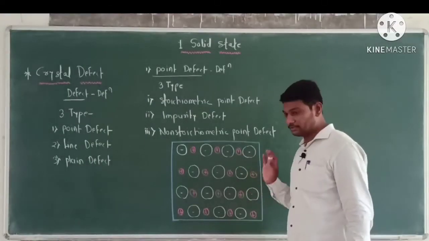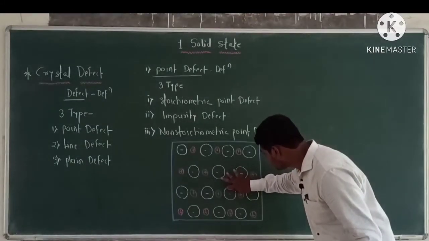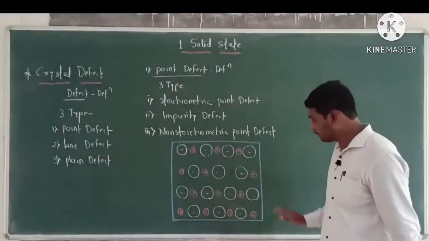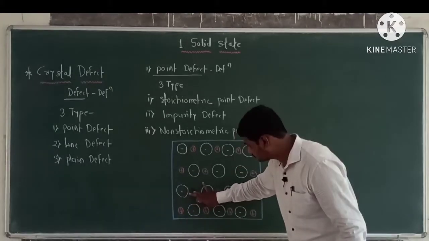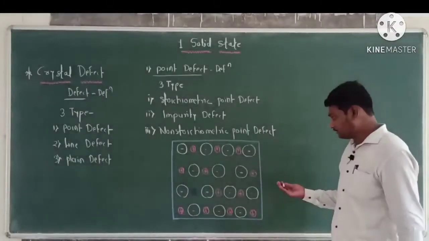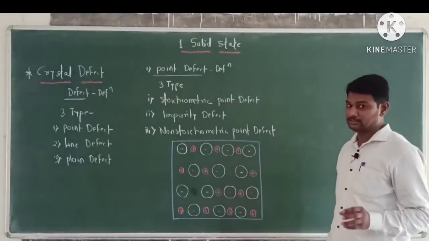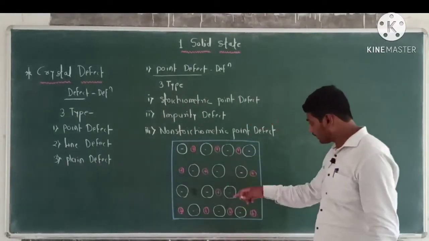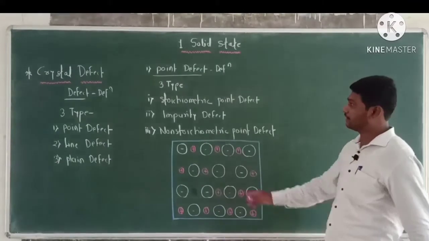Now here these constituent particles are absent, and also here. In this solid the constituent particles are arranged irregularly, which is called a defect.